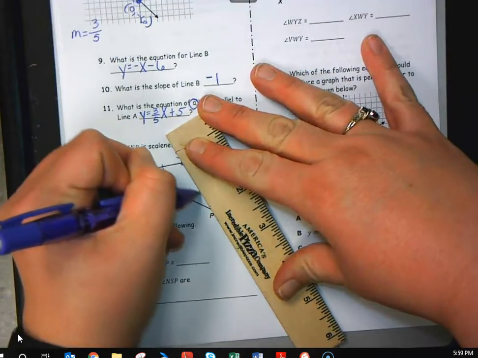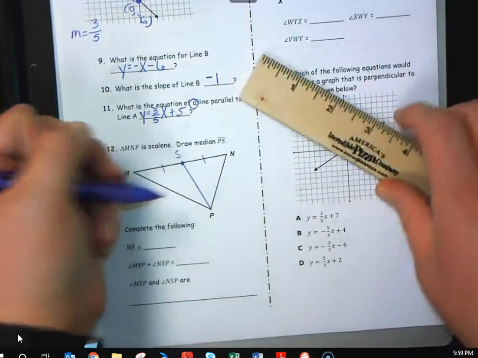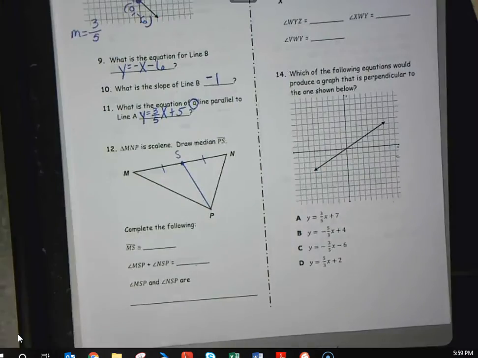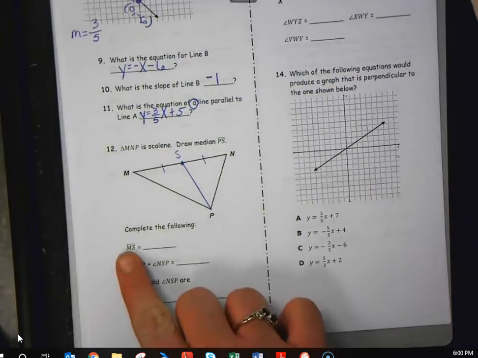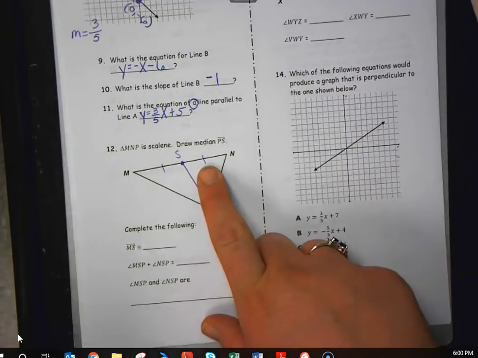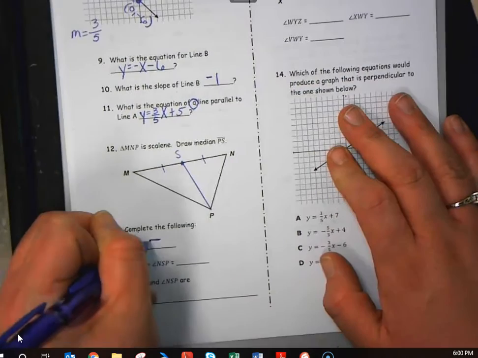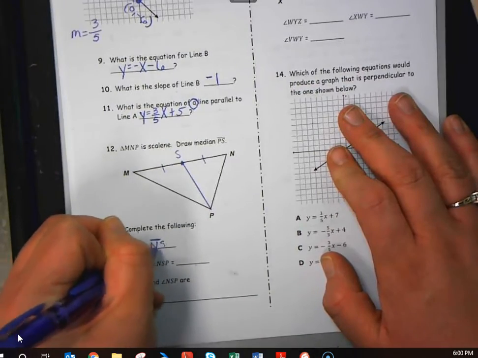And you do not necessarily have to use a straight edge. I'm just doing it to make it pretty. So is it perfect? Probably not. But it is accurate because it is marked. So we have MS is congruent to SN. So line segment MS is congruent to SN.